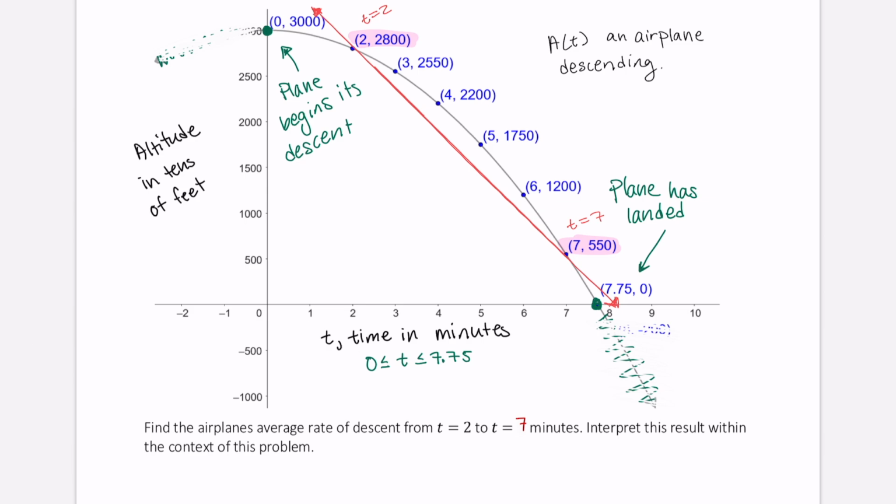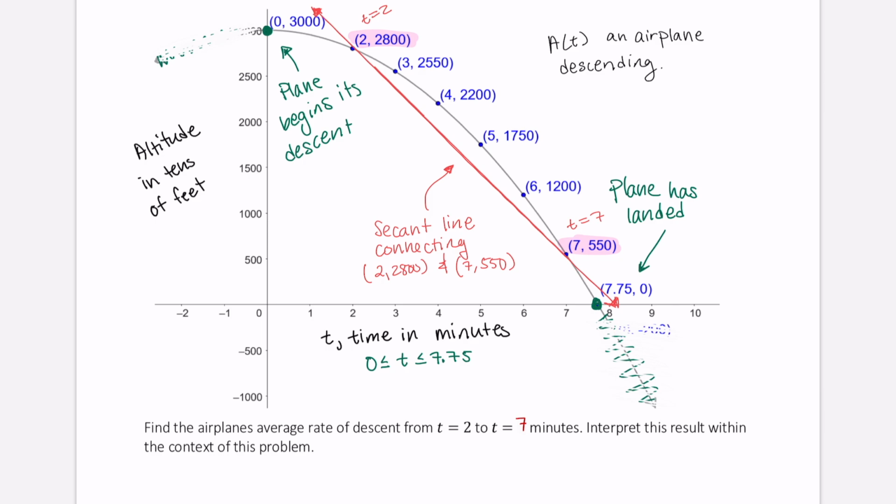Now this is the secant line, and it's a secant line connecting 2, 2,800, so that's 28,000 feet, and 7, 550, which is 5,500 feet. That's what this is right here. We need to find the slope of this secant line.